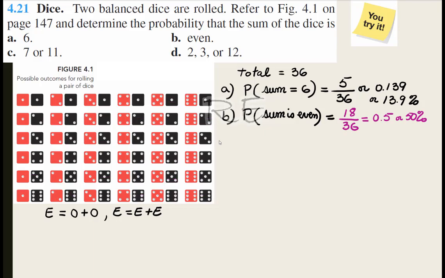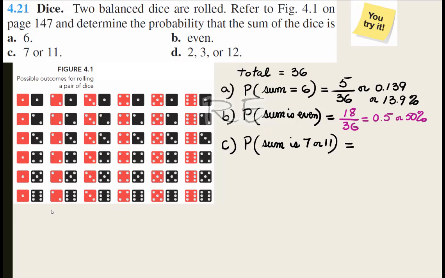For C, we're going to look for the probability that the sum is 7 or 11. The probability that the sum is 7 or the sum is 11.